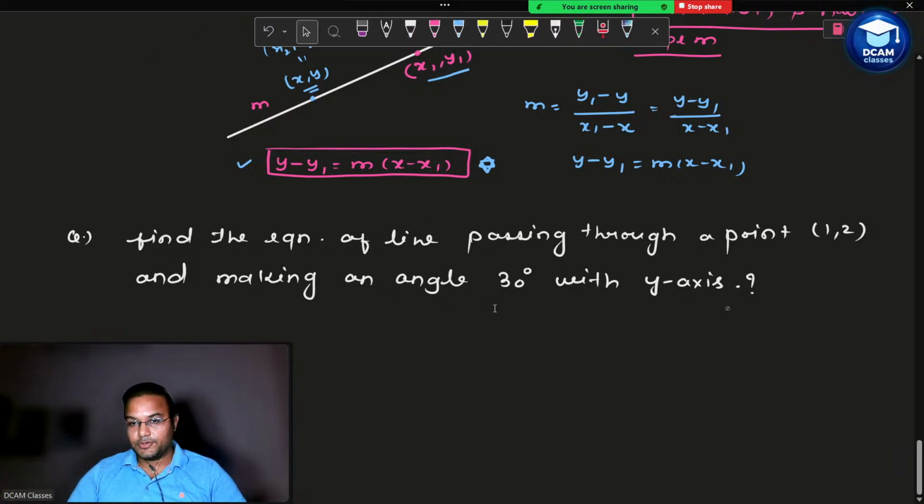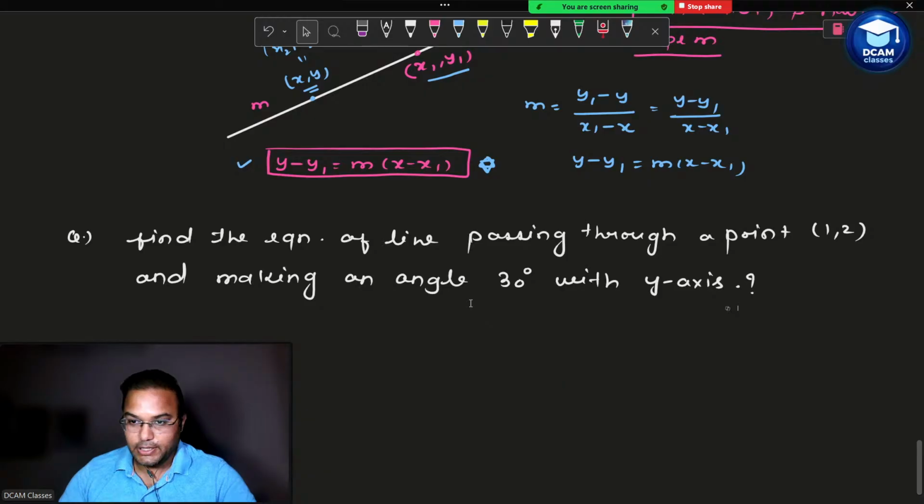Try to give me the equation of line. You understood the question? Take your time, solve it, and then give me the answer. If you're not able to, I'll tell you how to solve.